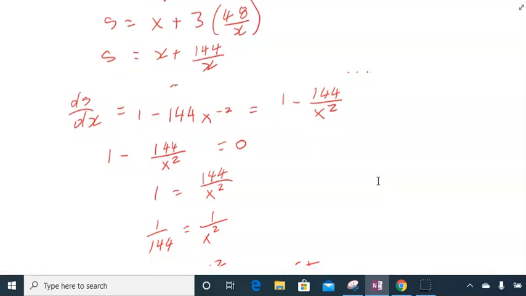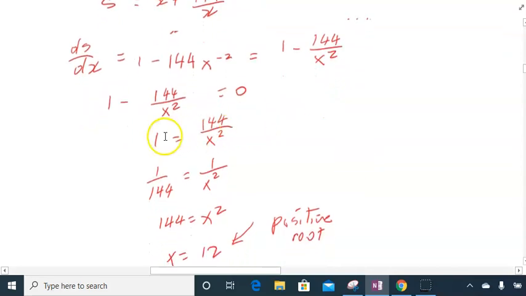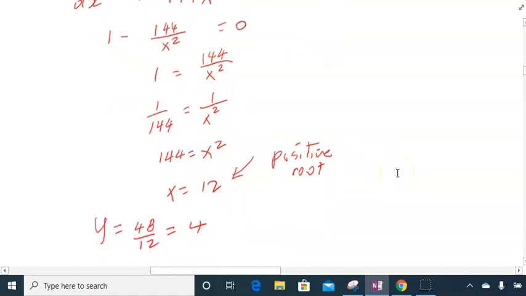So 1 minus 144 over x squared is equal to 0. And then using our algebra, we try to solve this. 1 would be equal to 144 over x squared. Therefore, 1 over 144 is equal to 1 over x squared. So 144 is equal to x squared. So x would be equal to 12. We are choosing the positive root.